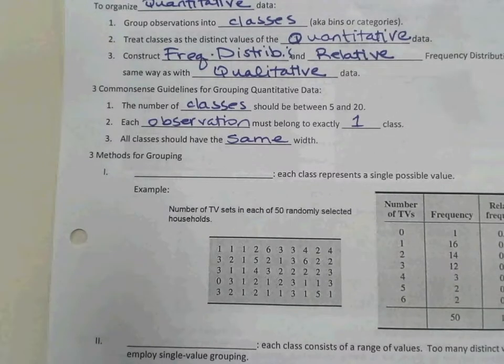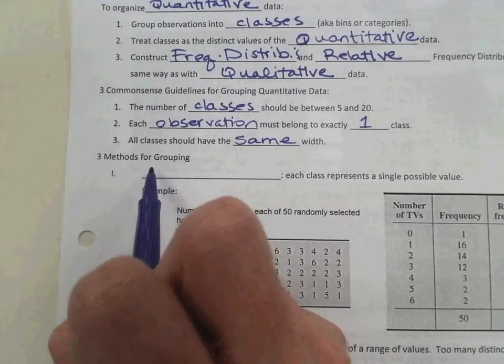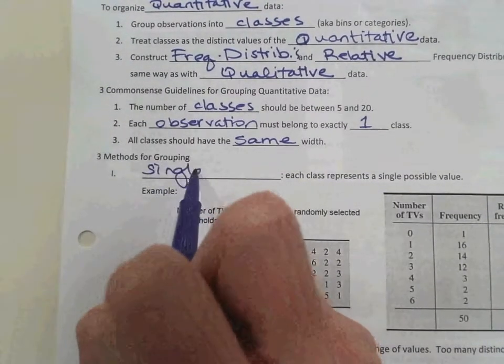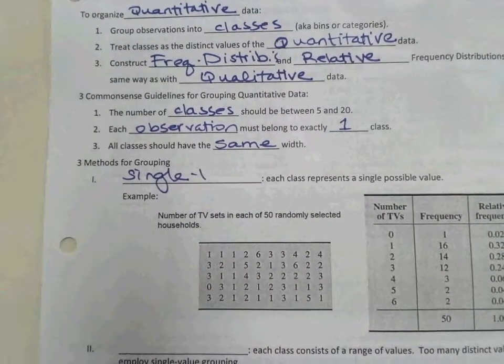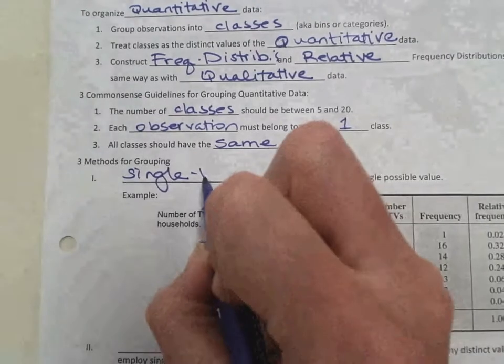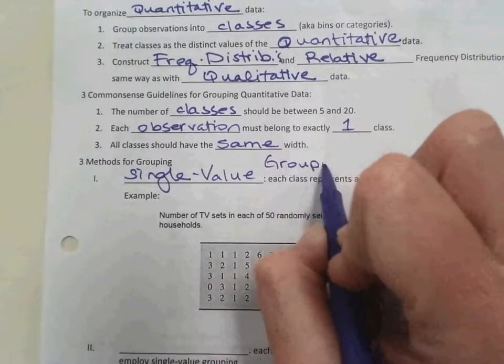So the 3 methods for grouping then. The first method for grouping is single value grouping. I apologize, my line is too short.